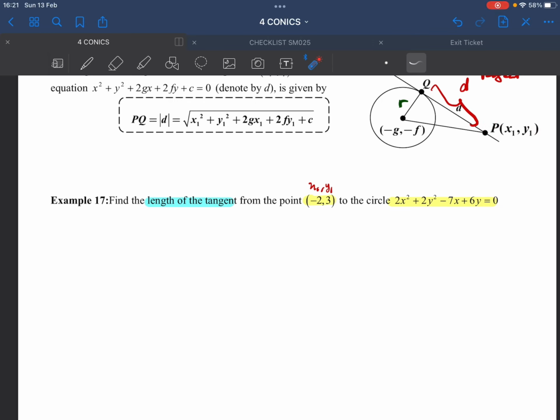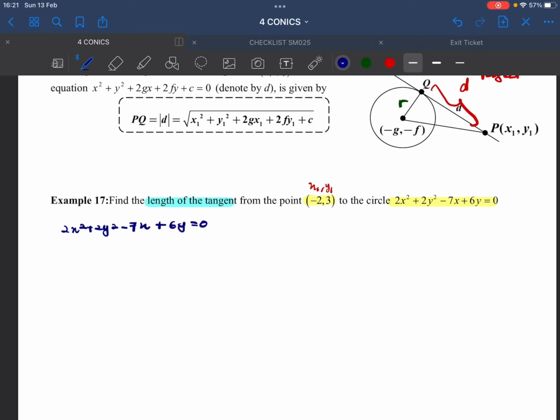This point doesn't intersect with the circle. And then we need to find the g and f. So here we have 2x squared plus 2y squared minus 7x plus 6y equals to 0.